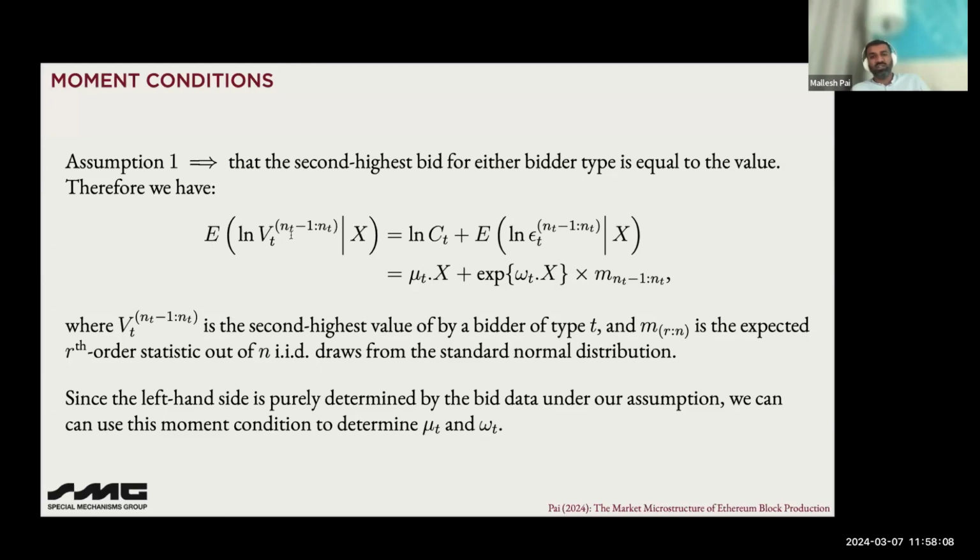So we have this moment condition: the expectation of the log of the second highest order statistic from N_T draws, conditional on the exogenous values, must equal the log of this common component plus the expectation of the log of epsilon. The right-hand side now solely consists of the stuff that we don't know, and the left-hand side, by our identifying assumption, is observed in the data. So we can just set up a nonlinear least squares and find the best fit.